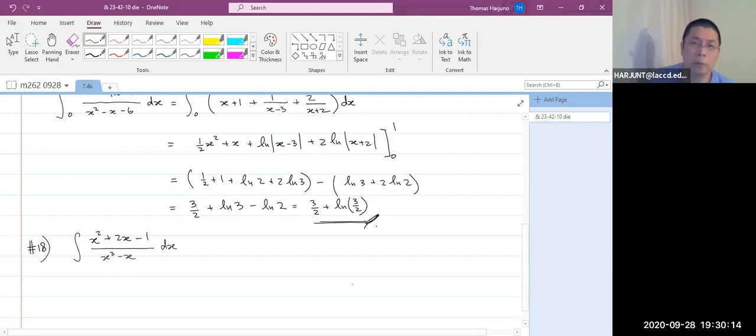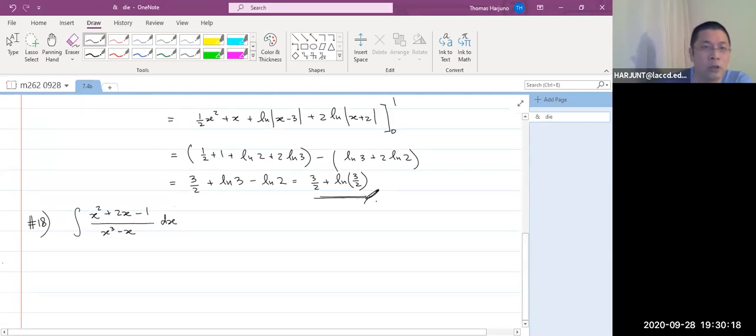It's already a proper rational expression in the integrand, so I can do partial fraction decomposition right away. So we have x squared plus 2x minus 1 over x cubed minus x.